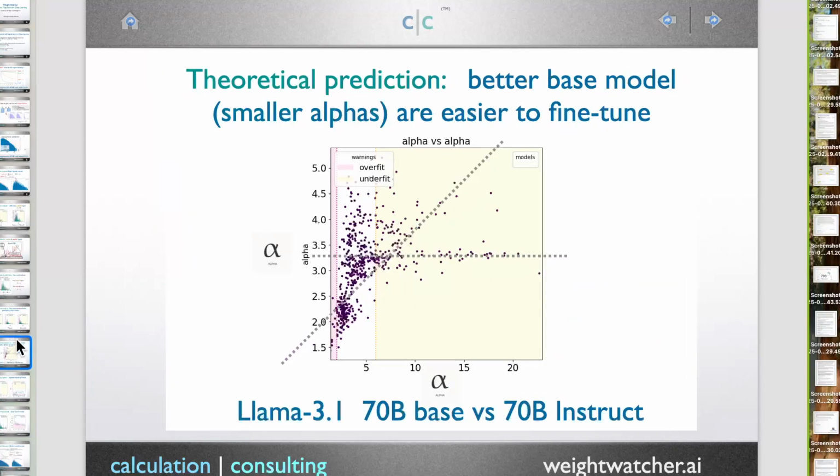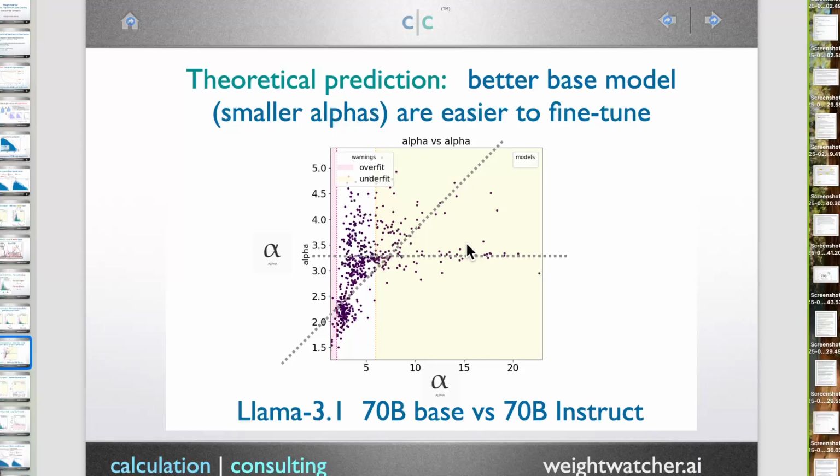That would probably be the biggest implication for people in companies: as you do your instruction fine-tuning, you might need to adjust the layer learning rates on some of these layers which have higher alphas, in order to get better convergence. We have some papers showing that you can actually adjust the layer learning rates dynamically.